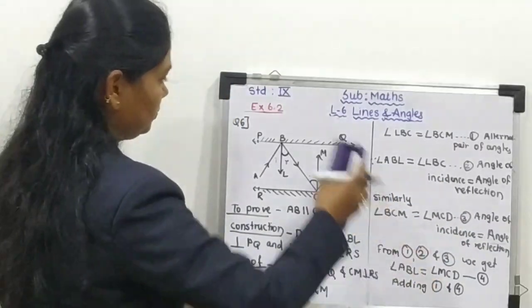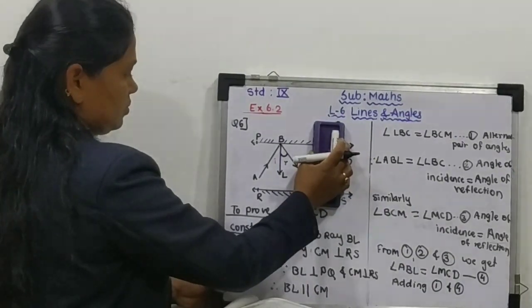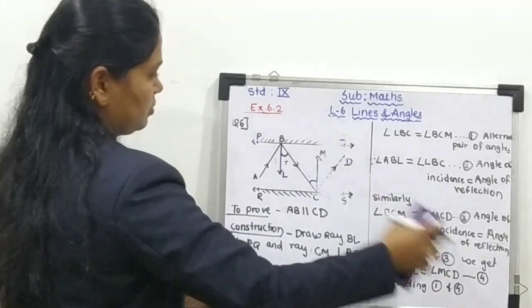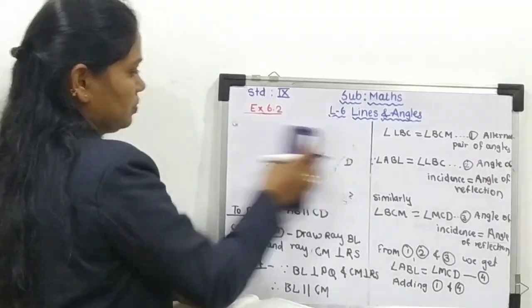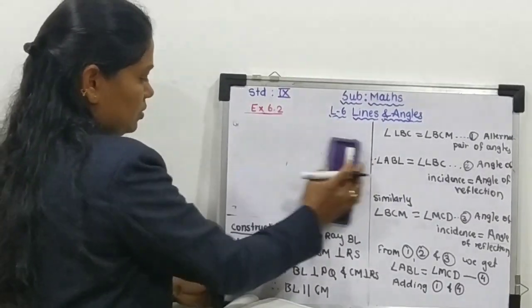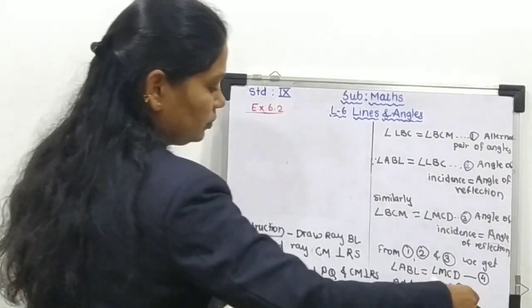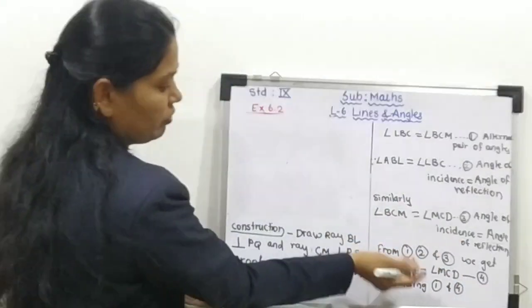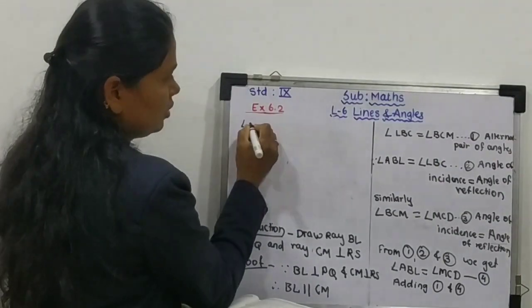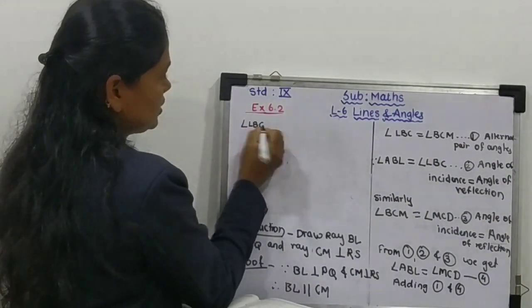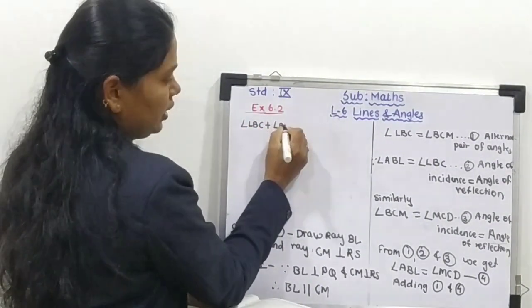Adding first and fourth, what do we get over there? Angle LBC plus angle ABL.